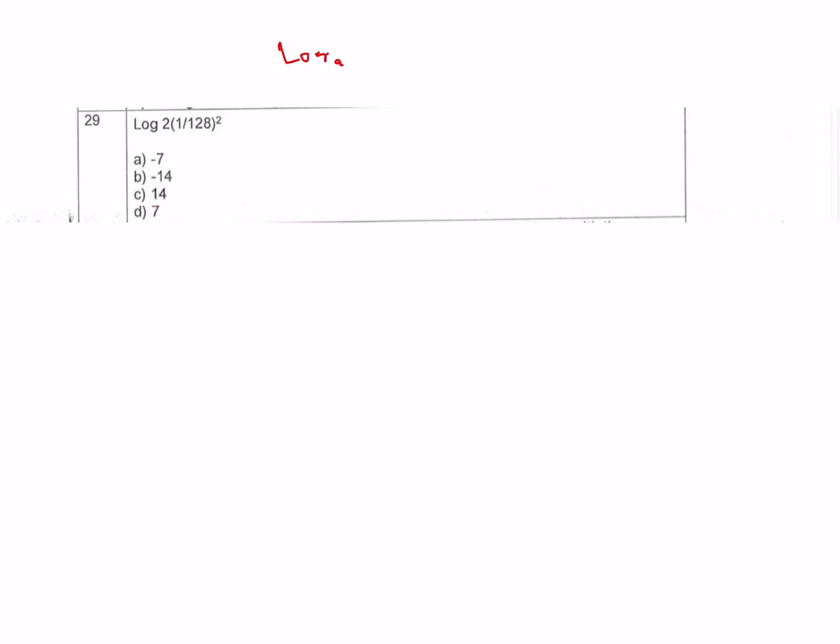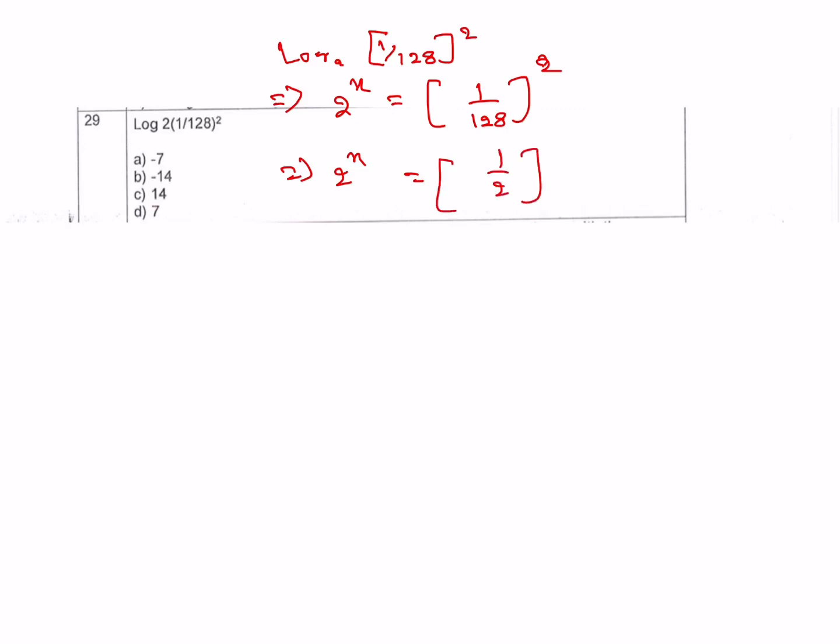So 2 to the power x equals 1 by 128 square, which is (1 by 2) to the power 14. 2 to the power x equal to 2 to the power minus 14.